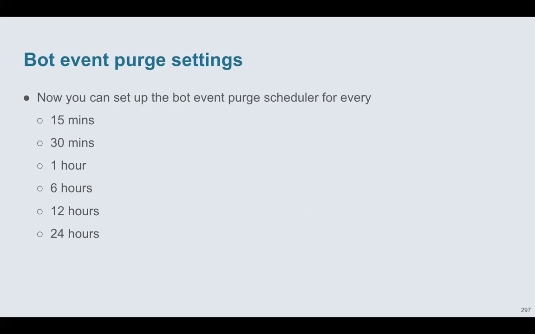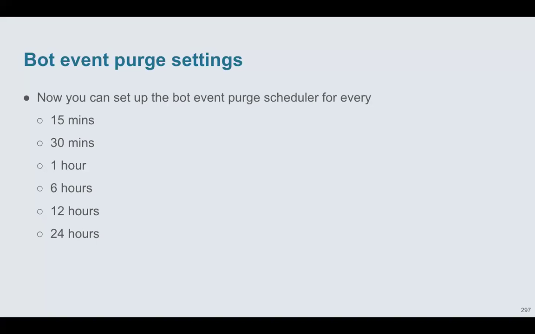And then you're aware that we have the bot event purge feature already, and we have enhanced it because sometimes we felt that the bot purge that's happening currently is not good enough. You may want to run that frequently, so we've given many more options here when it comes to scheduling time.